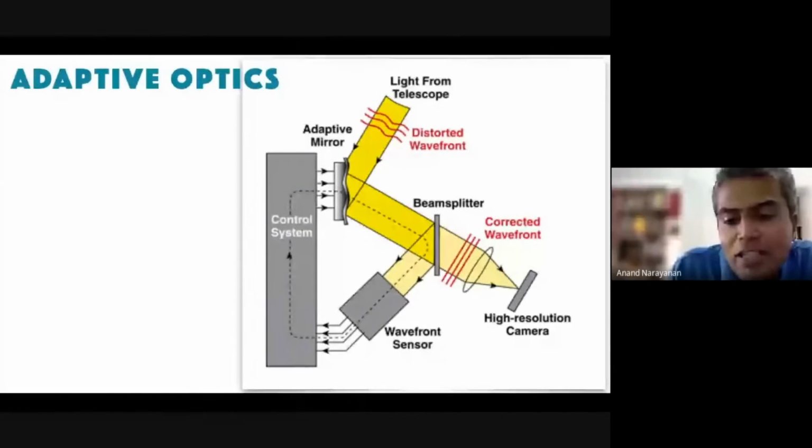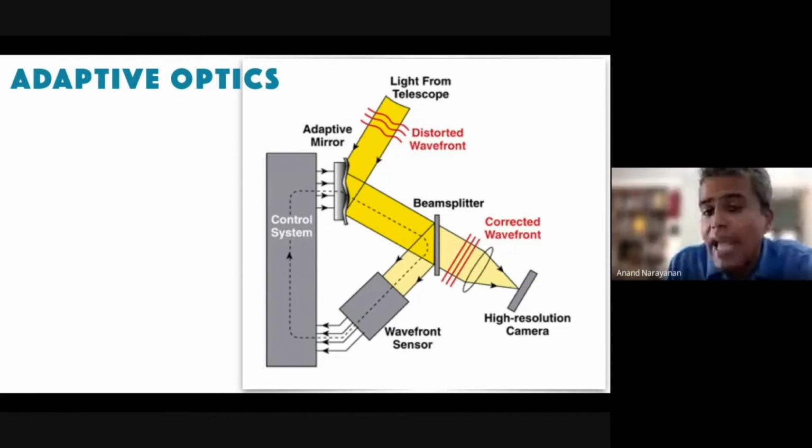The wavefront sensor measures the distortion in the incoming light and tells the control system what movement it should initiate in the actuators, so that the mirror changes its shape in real time, so that the light reflected off this mirror gets corrected for the distortion and becomes plane parallel once again.